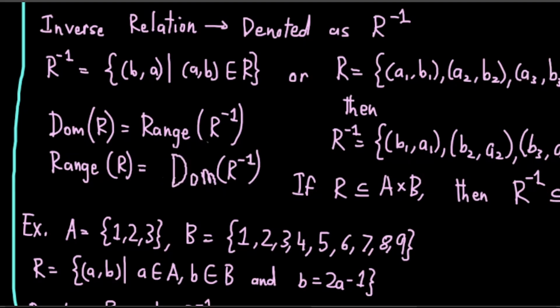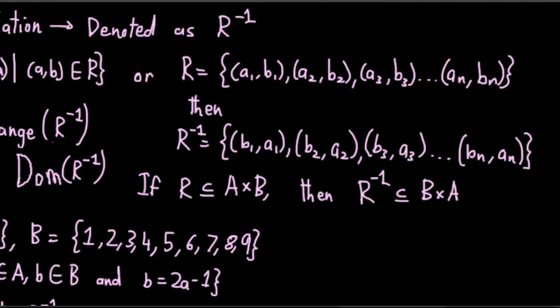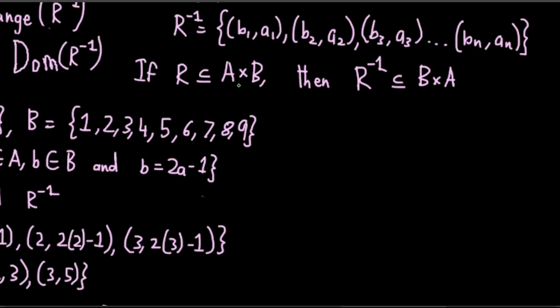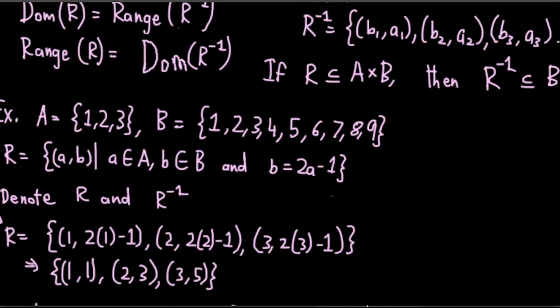And we also get that if R is a subset of A cross B, as it is, then the inverse relation R inverse is a subset of the Cartesian product B cross A. And as we know, A cross B is not the same as B cross A.